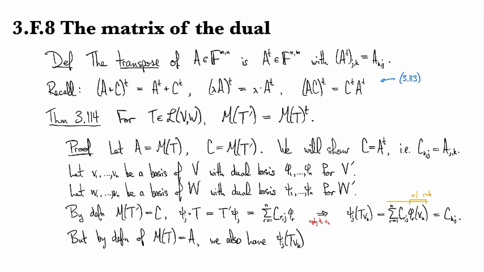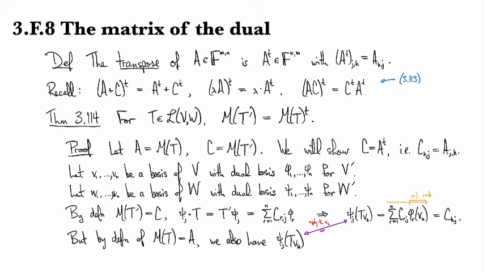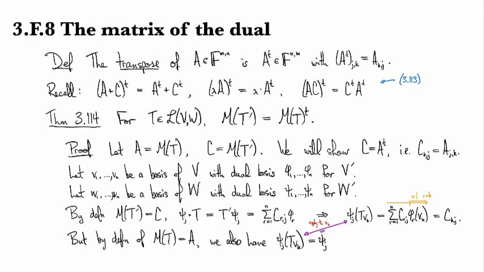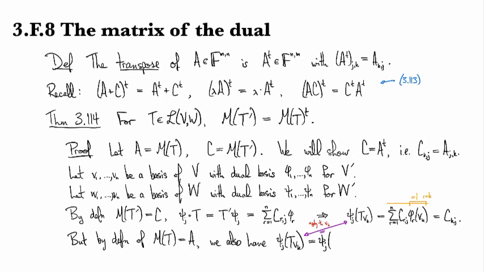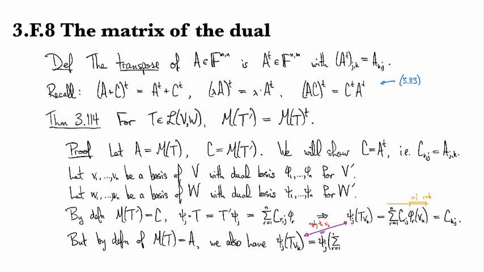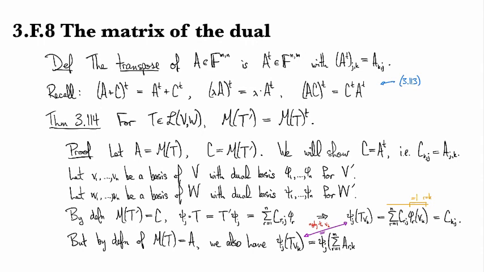So these are the same. This is psi j of, and then I can use the definition of the matrix for T to write this in terms of its matrix entries. So this is the sum r equals 1 to m of A_rk w_r.